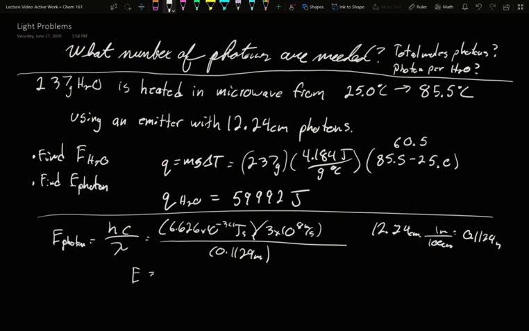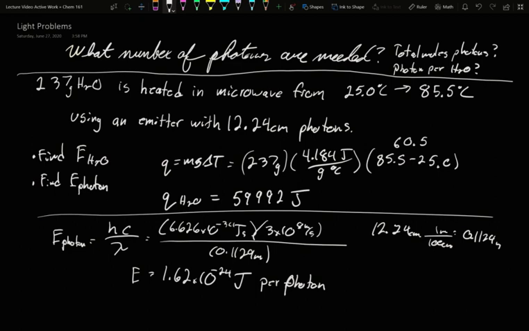The energy for a single photon of this energy, 1.62 times 10 to negative 24 joules. Which, if we think about it, visible light tends to be the 10 to the minus 19 range, so this is quite a bit smaller, which makes sense for infrared. It's less energetic. So our calculation seems to be holding up.